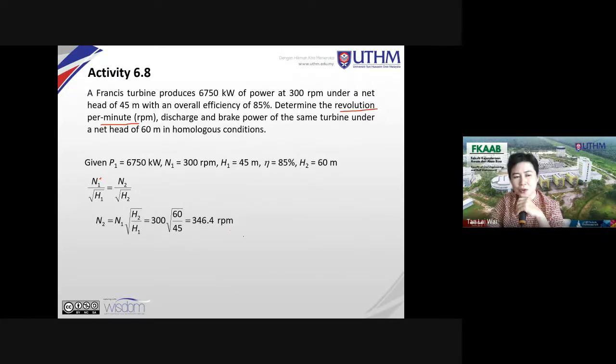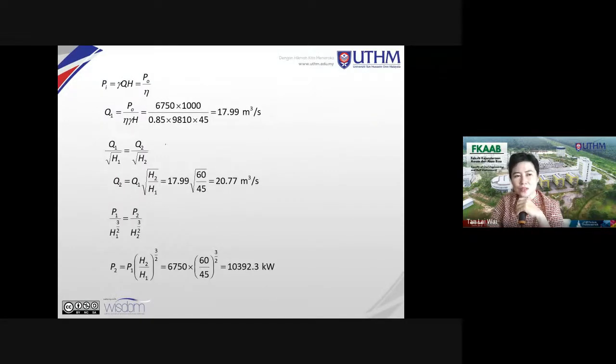Similarly, if you want to find the discharge, you are using the same formula, except that in this case you are not provided the discharge for turbine 1. Because power is provided, you need to get your discharge for turbine 1 from it.